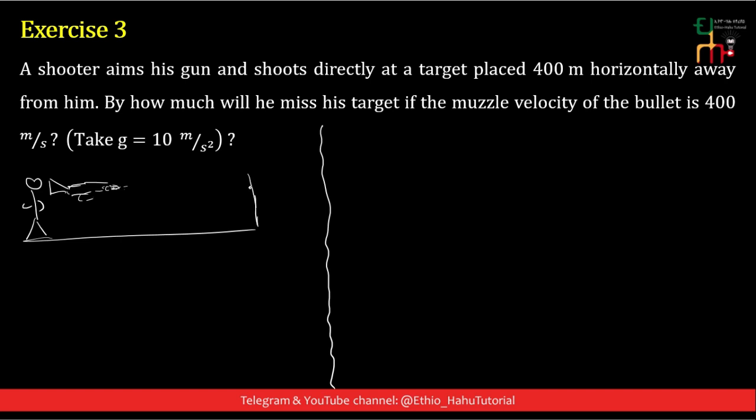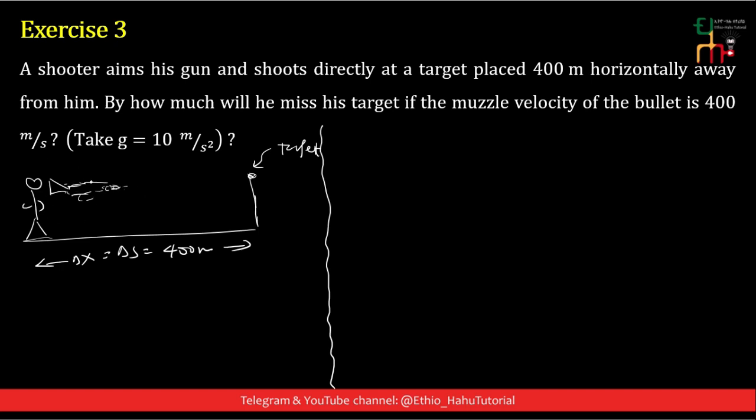and a target. This is a target. A shooter aims to shoot a bullet to a target that is 400 meters away, or delta x. But this is a kind of horizontal projectile.